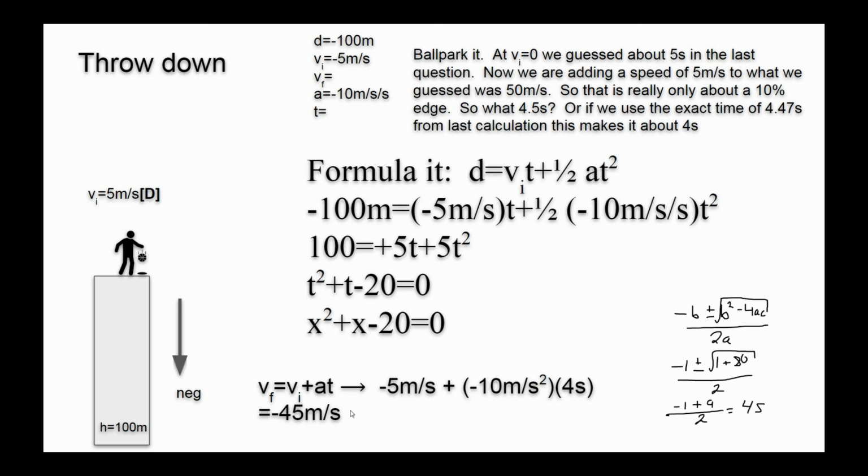Well, yeah, you probably thought it was going to add straight up and come out to about 50, didn't you? But think about it. The 5 meters a second extra speed took away some of the acceleration time. Because you threw it faster, gravity couldn't grab it as long, and it doesn't work out the way you would think intuitively.